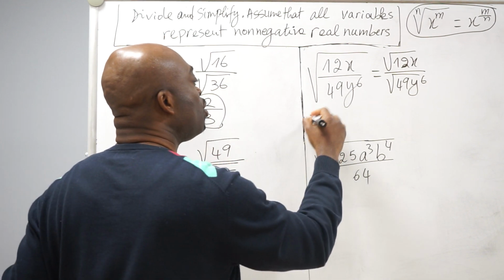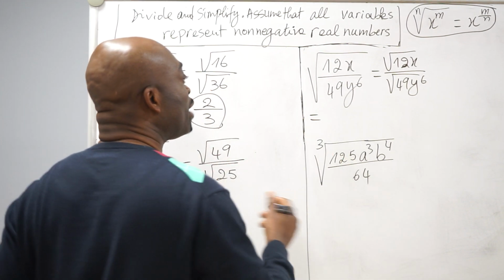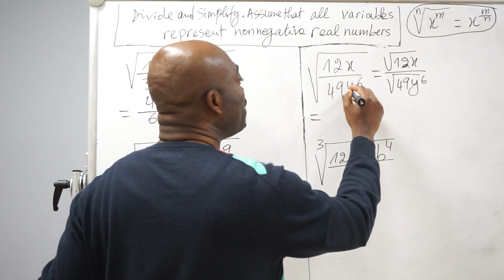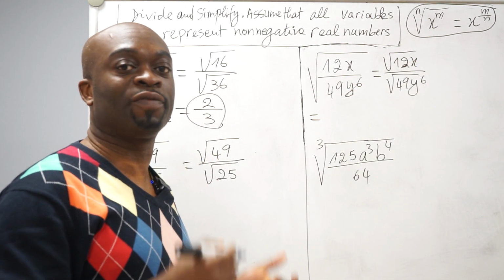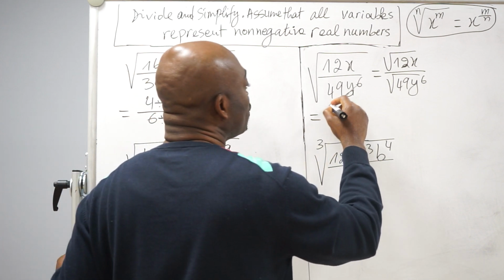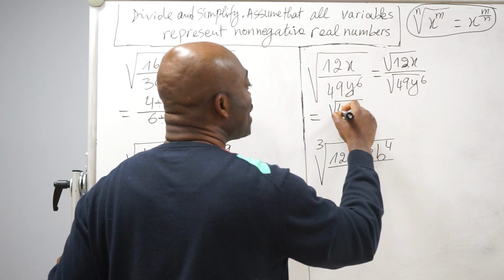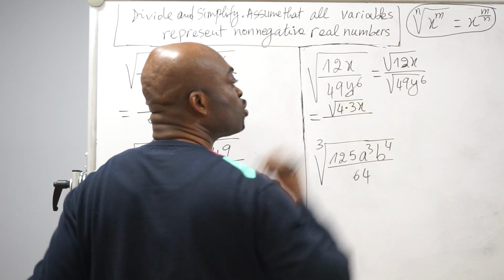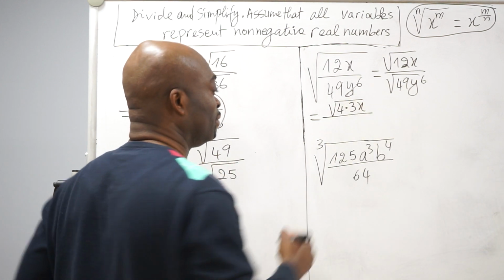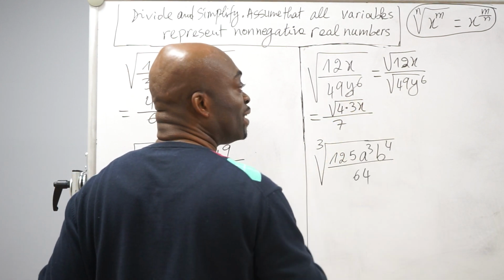Because now we know how to deal with these problems, we can go a little faster than before. So that means what? 12 can be broken down as what? 4 times 3, right? So this one is the square root of 4 times 3, x, over, what is the square root of 49? 7, okay? So that one is 7 underneath.